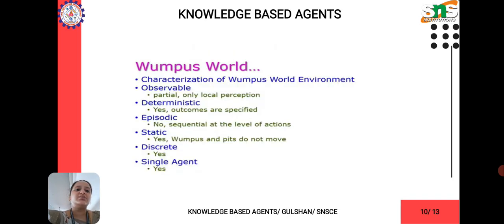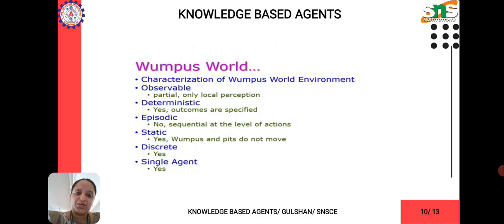Now what are the characteristics of this Wumpus world? We have different factors: observable, deterministic, episodic, static, discrete, and single agent. Observable means you can get the process in a very determined manner. Deterministic means you can determine the outcome, like what the process is.